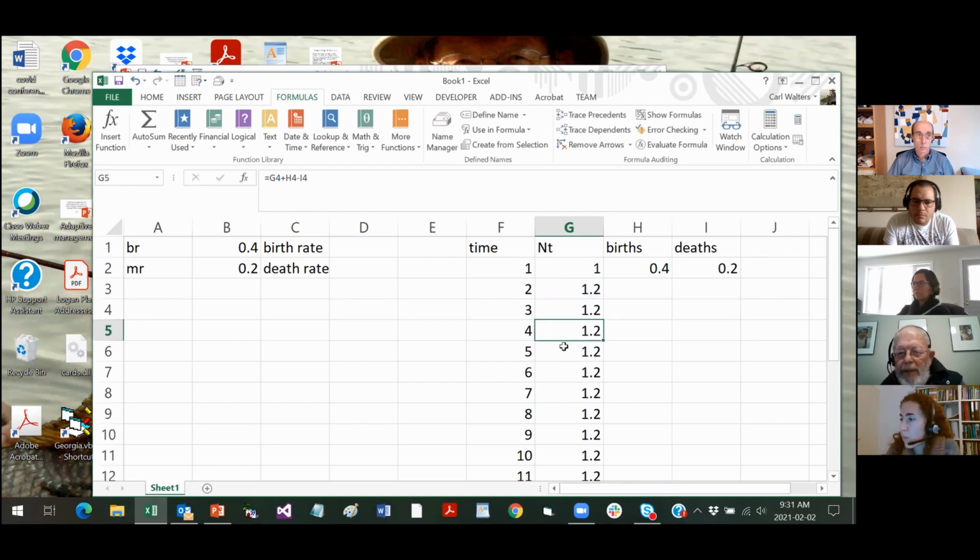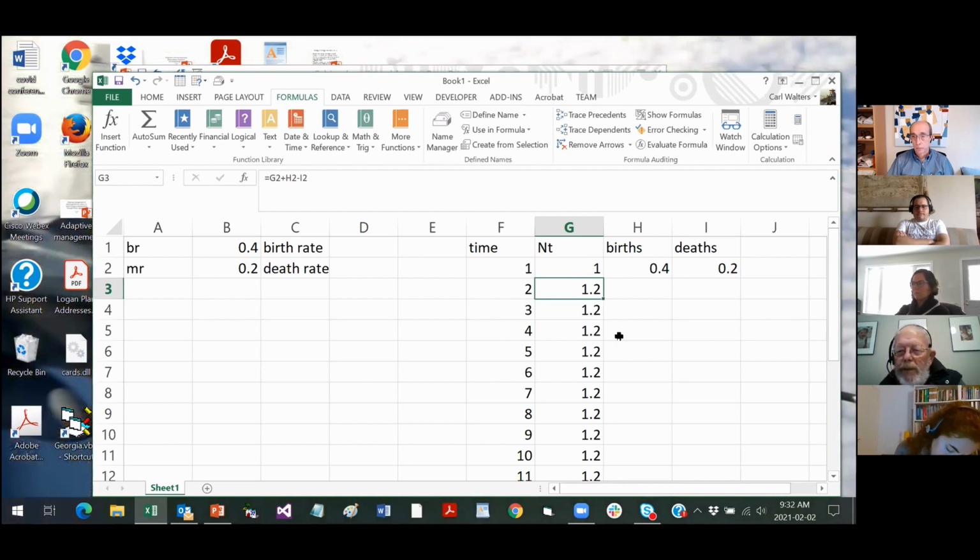If I look at time 5, it will be predicting from time 4's rates. So the whole basic setup of a spreadsheet is set up so that you can use this autofill operation to fill an equation downward in time so that its references will always be to the time before. Automatically, you don't have to retype the population tautology every year.